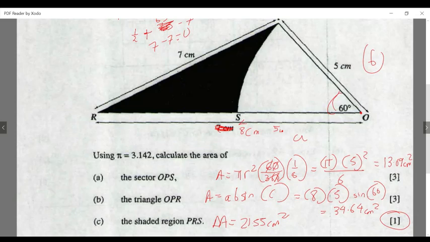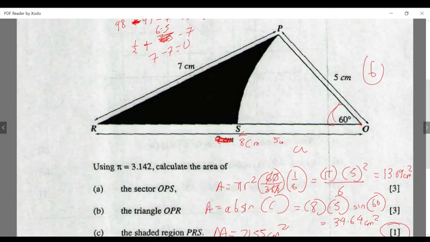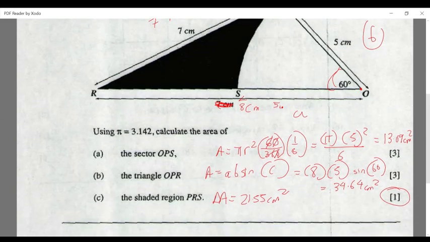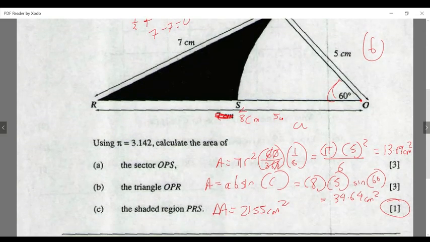So I reduced it to 1/6, and then I ended up with pi times 5 to the power of 2, since 5 is the radius. And we know 5 is the radius because they gave it to us, which is the OP length. So OS is also 5 centimeters, but we didn't need to know that. So pi times 5 squared divided by 6 is 13.09 square centimeters.